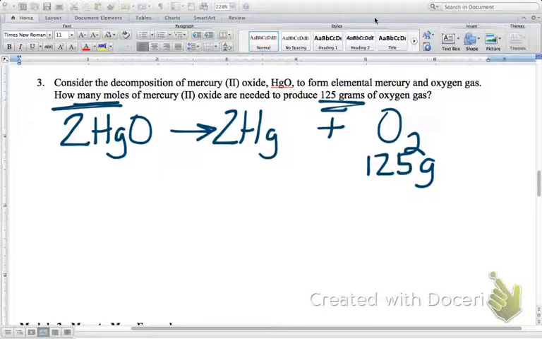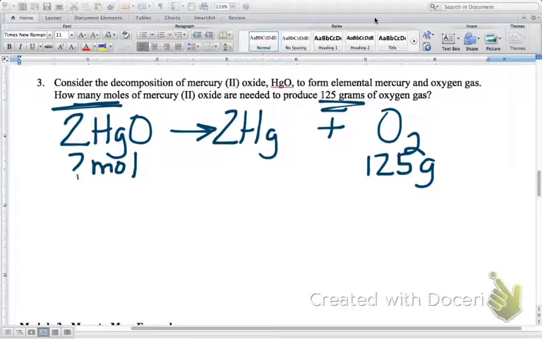The question is, how many moles of the mercury 2 oxide do we need to use in order to produce 125 grams of oxygen? So remember what I said earlier. It doesn't matter the quantity that you are given. It doesn't matter whether it's on the left or whether it's on the right. Okay? Doesn't matter at all. You can go between 2 reactants, 2 products, a product and a reactant. The technique is always the same.